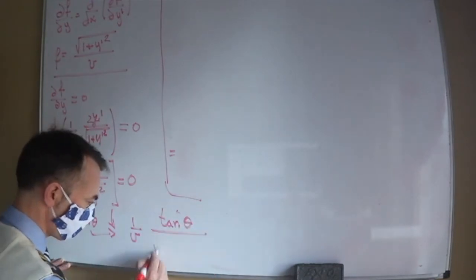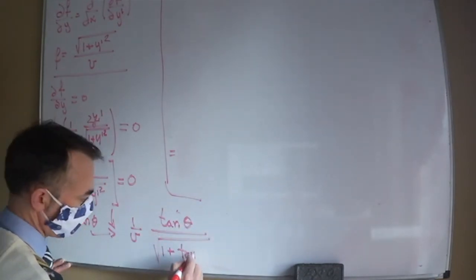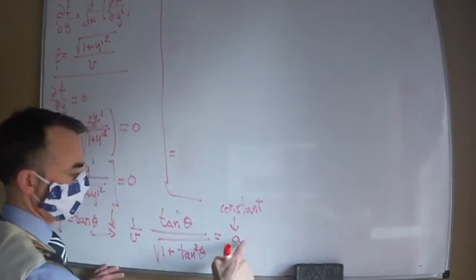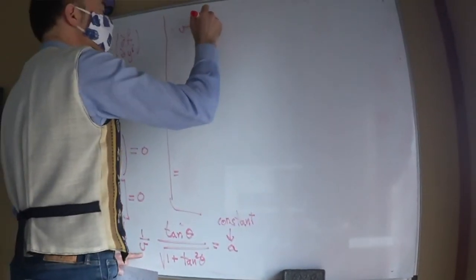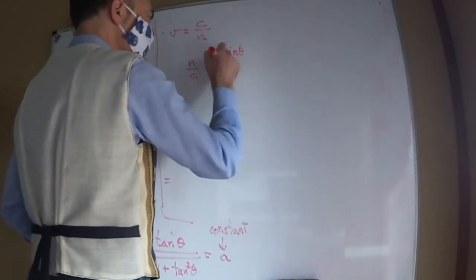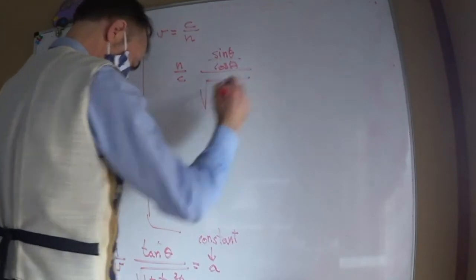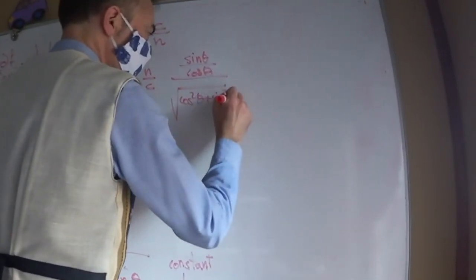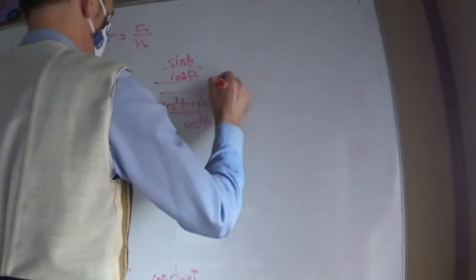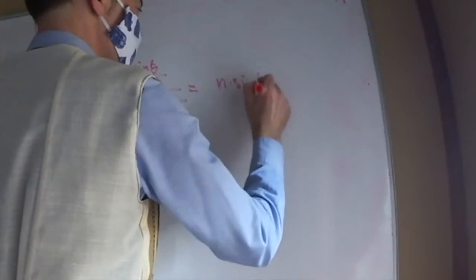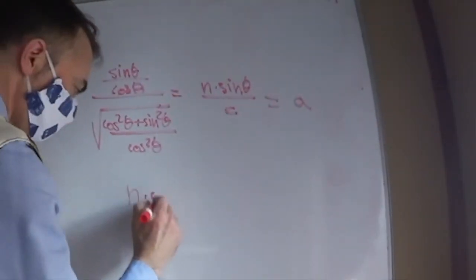This has to be constant. I can rearrange things a little bit and get that n times the sine of theta is constant.